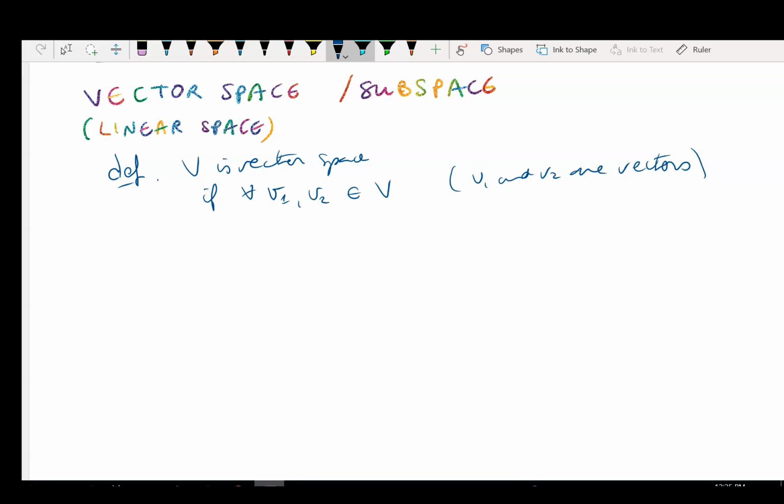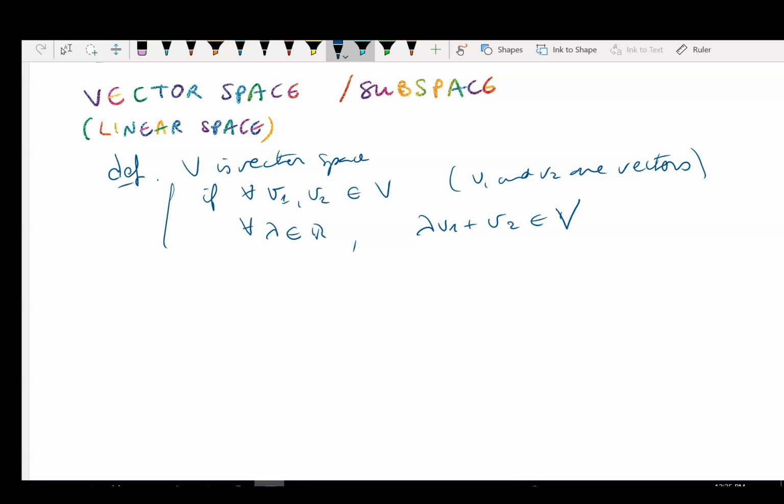That's not really a definition, that's more like a property. For all V1, V2 in V, and for any lambda that belongs to R, we have that lambda V1 plus V2 belongs to V. Linear combinations stay where they are, in the set where the items belong to.